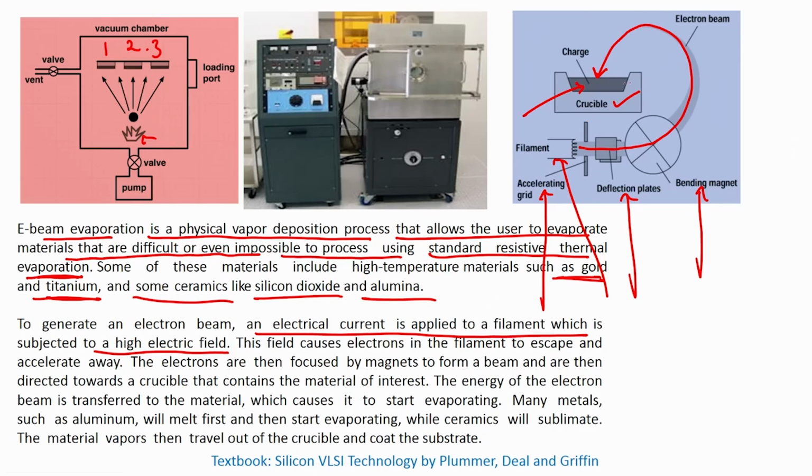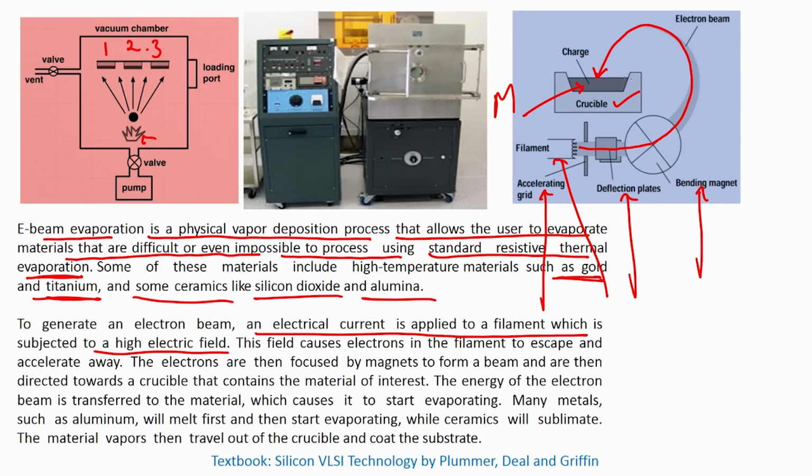So, now you are depositing this material by incidenting the electron beam on the material which is loaded in the crucible, and that is done with the help of filament, accelerating grid, deflection plates and the bending magnet.